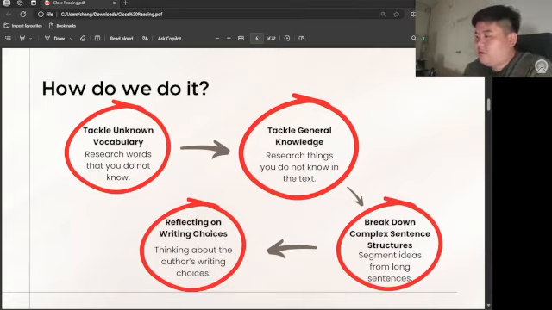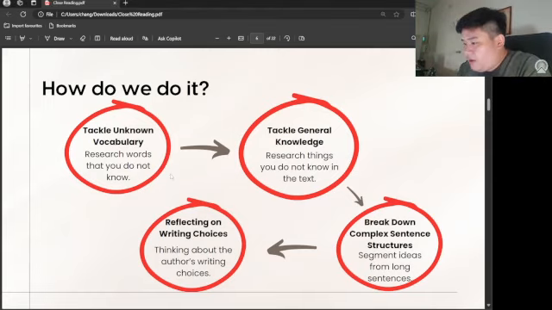And once you have tackled these 3 steps, only then can we deal with the last one, which is reflecting on the writing choices. Because if you don't know certain words, you don't know certain general knowledge, if you misinterpret the meanings of certain complex sentence structures, so on and so forth, then whatever reflections you may attempt on the word choices or the writing choices, it may possibly be misconstrued as something else or even just outright misinterpreted.